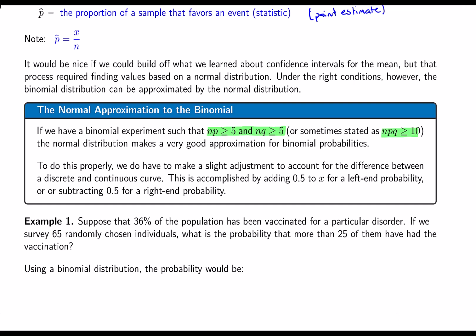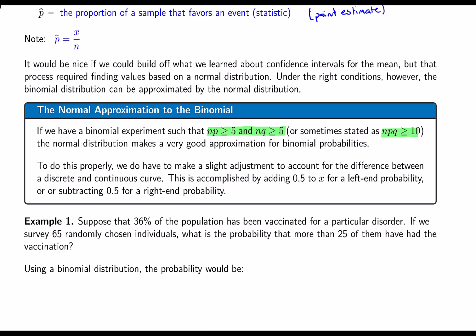And then sometimes I've seen rules stated where your p hat plus or minus your standard error has to be within 0 to 1. So there's different ways of defining this.